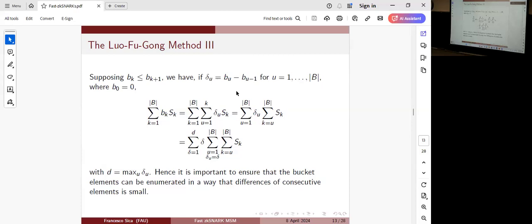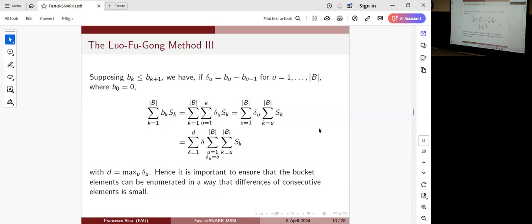If these consecutive bucket values are small, then this delta u has only a limited number of values, say d values here. So delta equals 1 to d, and then you can again sum each of these with the Horner scheme, like with the Pippenger variant method, and this is pretty efficient as well.